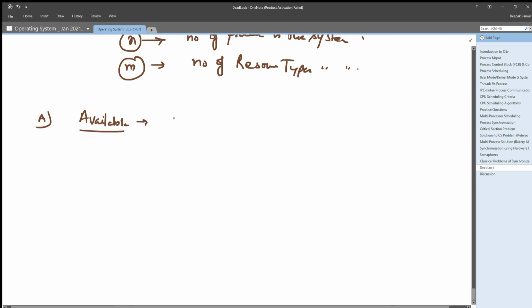It will be a vector of length m, and m is the number of resource types.